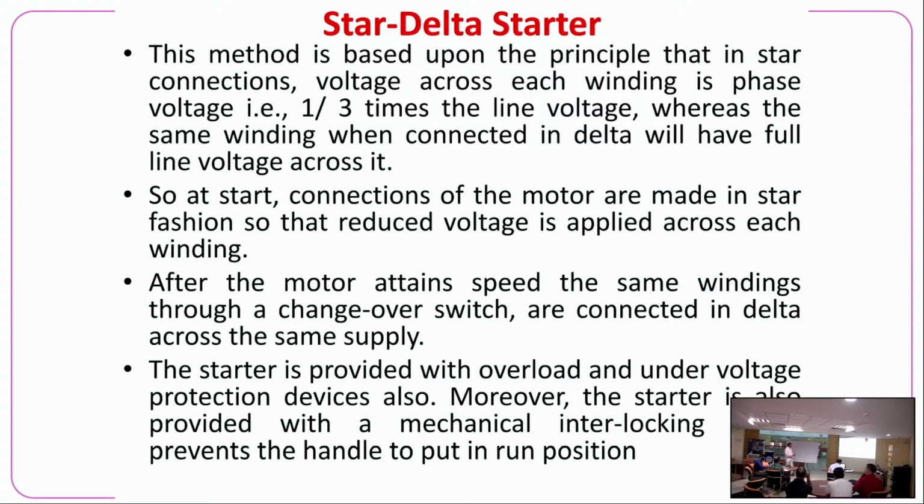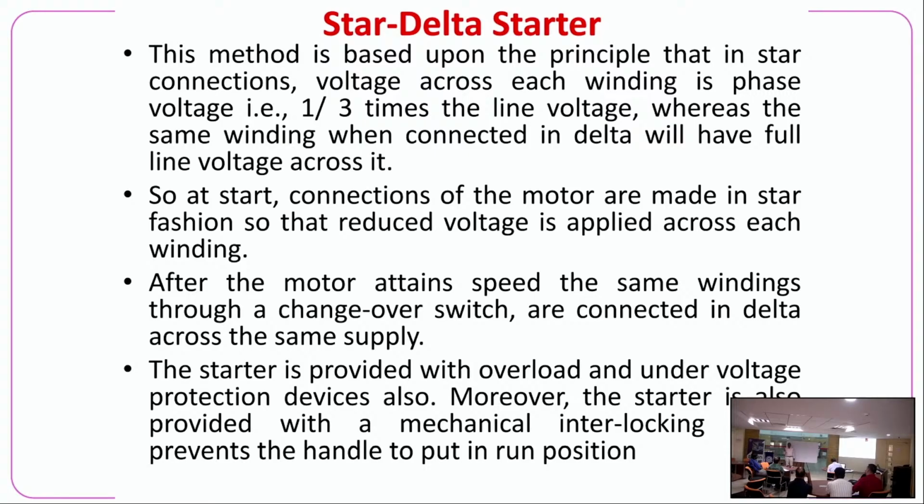Suppose the machine is delta connected, and the voltage is V rated. What is the phase voltage under delta connection? The phase voltage is the same as the rated voltage you are applying, so V phase equals VR.